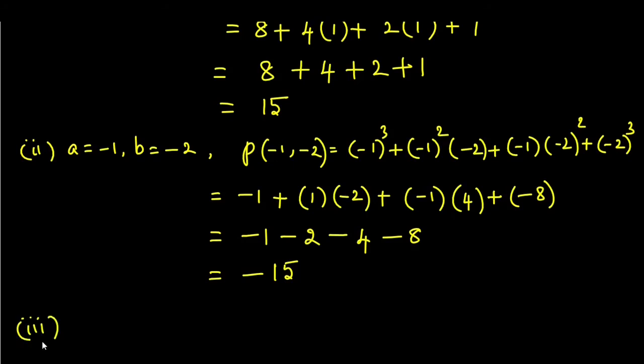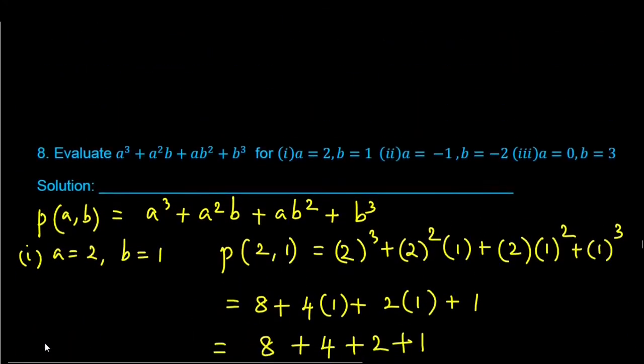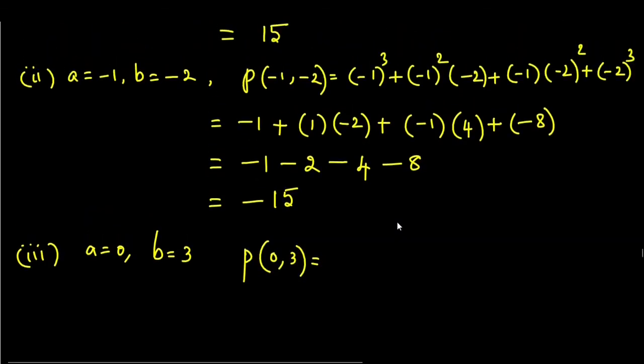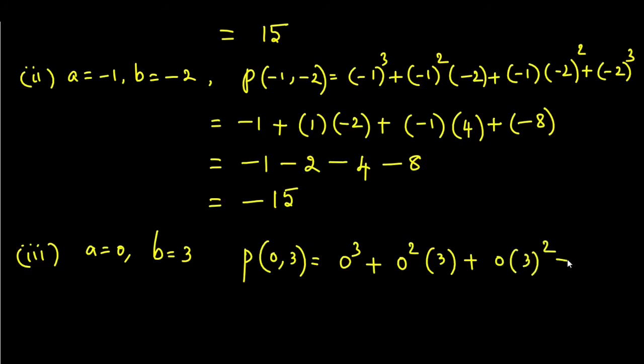Third one, a equal to 0, b equal to 3. So p of 0, 3. We have a cubed. So 0 cubed plus 0 square into 3 plus 0 into 3 square plus 3 cubed.